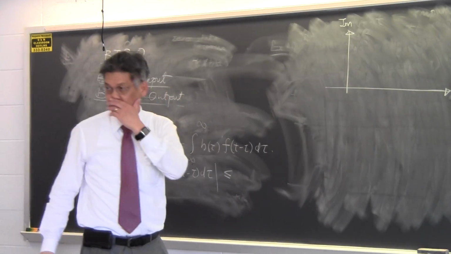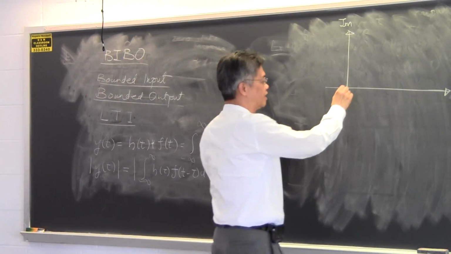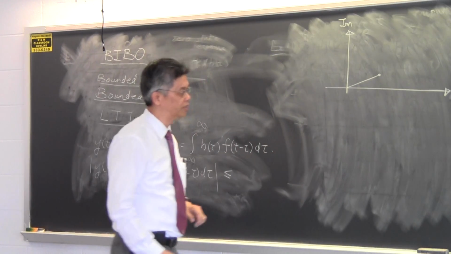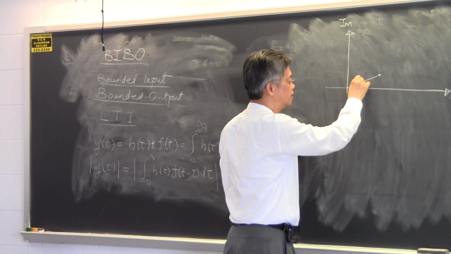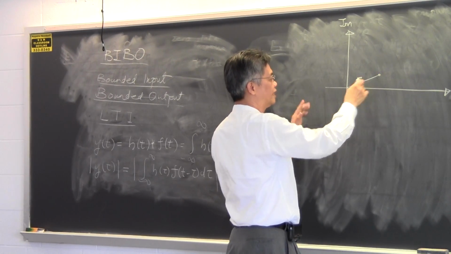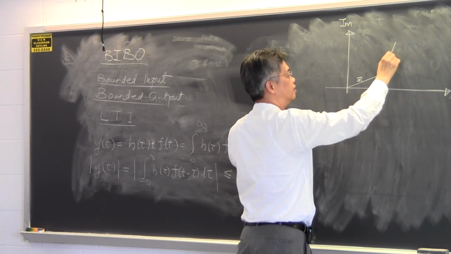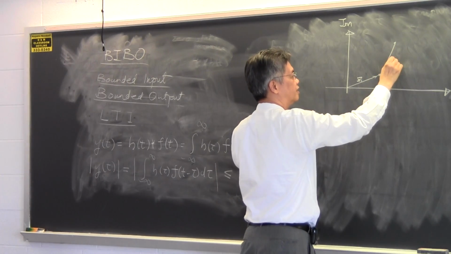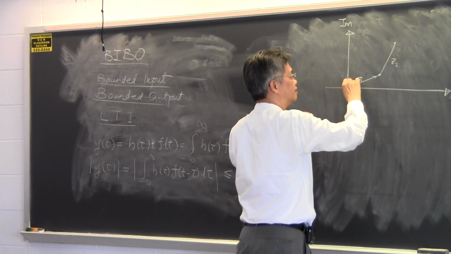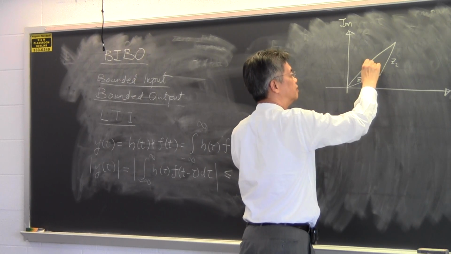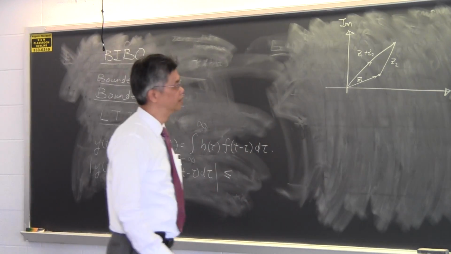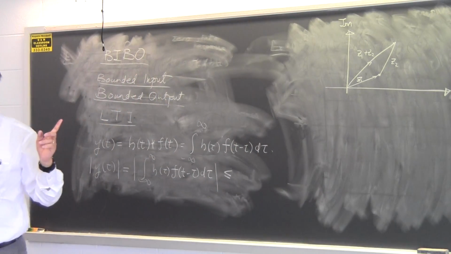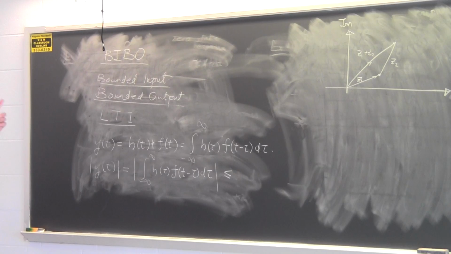A complex number has a real part and an imaginary part, and I can denote it by a point on a complex plane. So Z1 is one complex number. If I have another complex number Z2, I can denote it with another vector like this. The sum of Z1 and Z2 is this point over there. This is how you add complex numbers on the complex plane, very much like how you would add two-dimensional vectors.